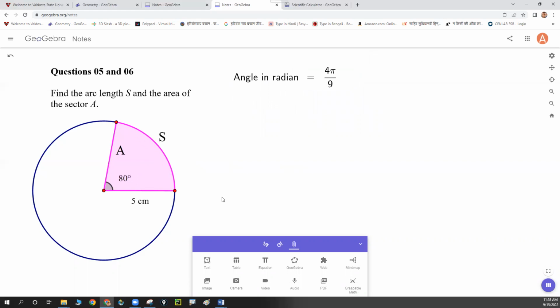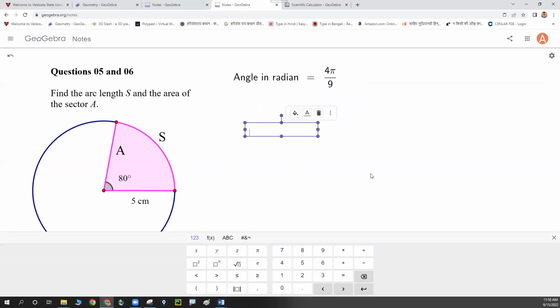Remember the formula for S? This is the formula. How do you find S? S is R theta. Theta must be in radian. R happens to be 5. Enter 5. And the theta value has to be 4/9 of pi.